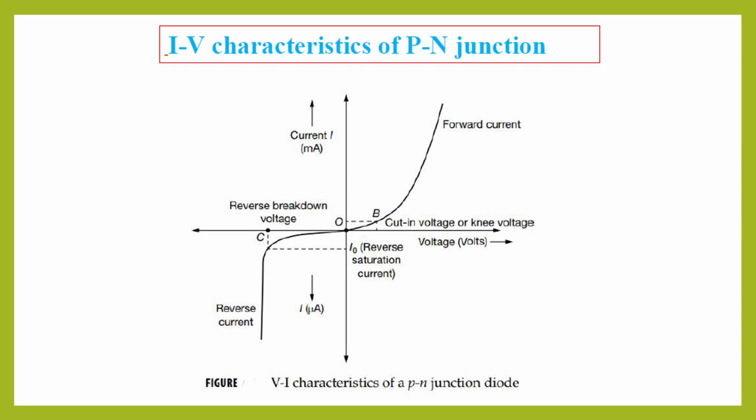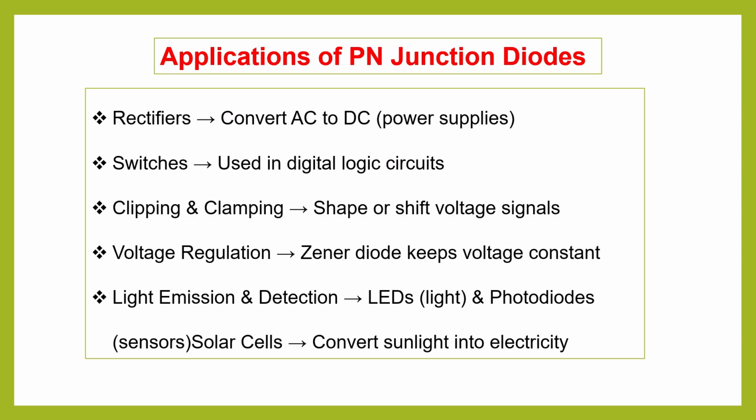They are used as voltage regulators, especially the Zener diode. A Zener diode is a heavily doped PN junction diode which is operated in reverse bias mode.